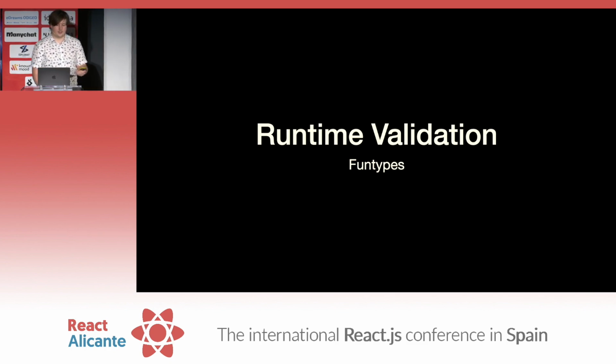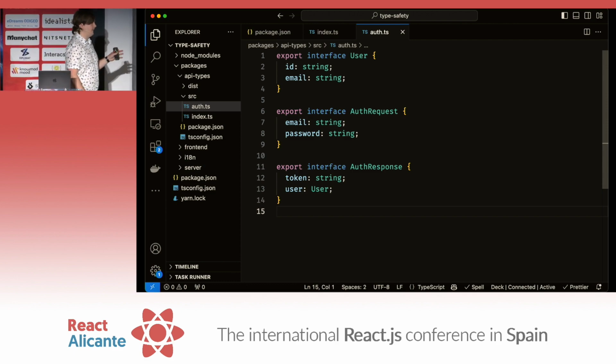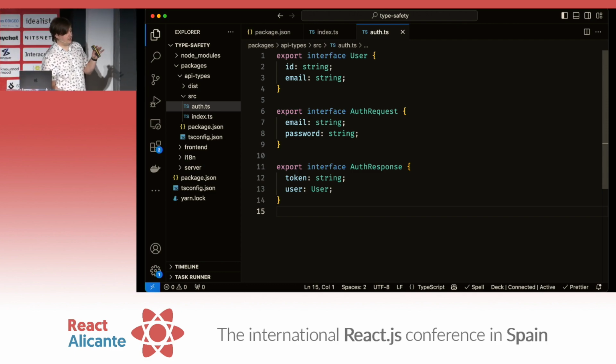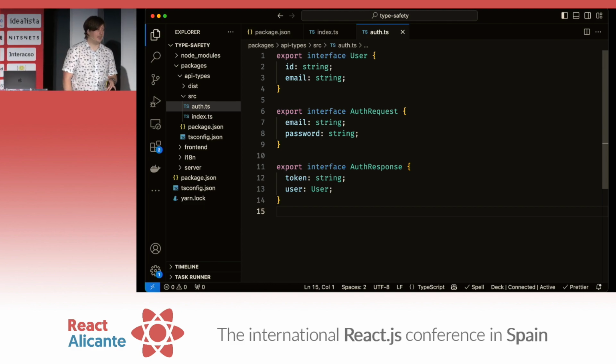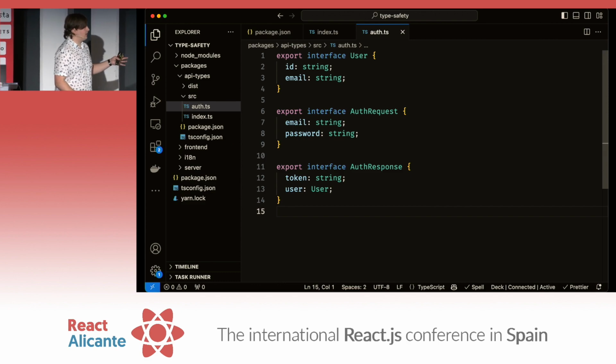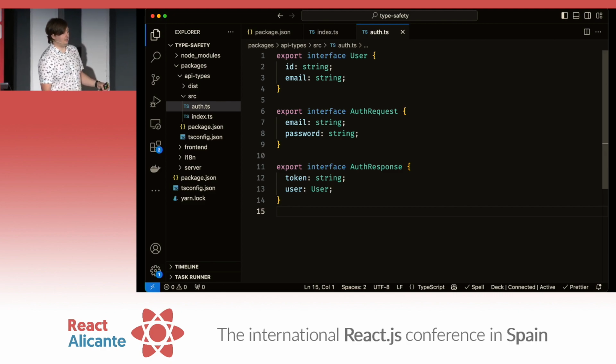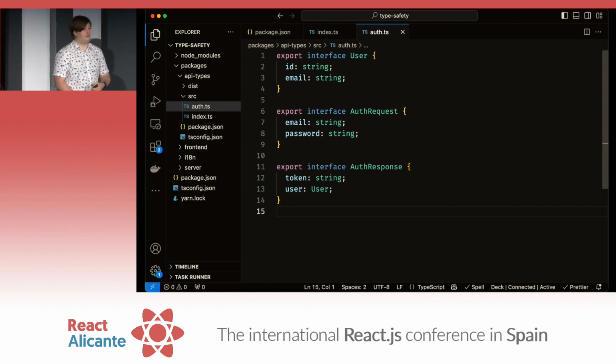So we'll come back to our internal API example from earlier. Let's say that we actually do want to enforce runtime validation as well as this shared types package here. One of the reasons we might want to do this is that this is perhaps a public API on the internet, and even if we only intend it to be used internally by our application, there's nothing to stop a malicious attacker from crafting arbitrary JSON payloads that don't match our expected request type.